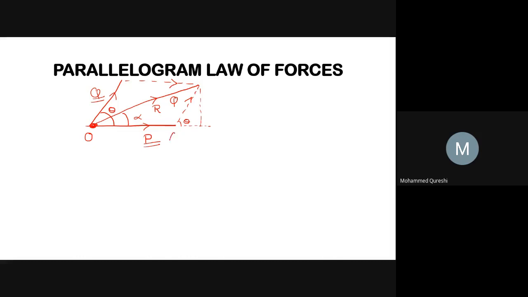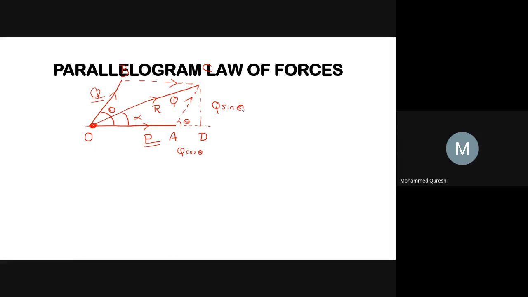Suppose this is your A point, this is your B point, this is your C point, and this will be your D point. So in that case, the distance AD will be Q cos theta, and the distance CD will be your Q sin theta.